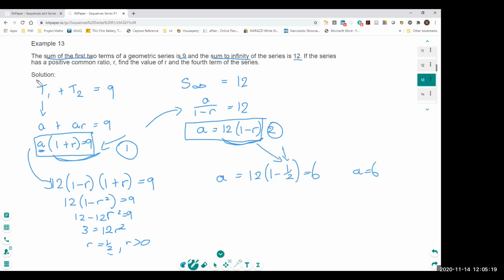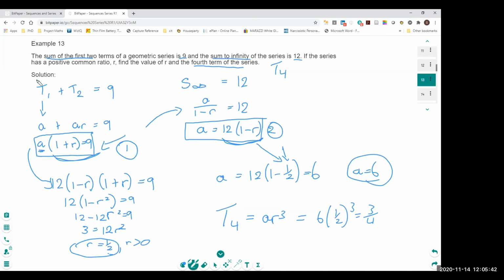Now the next part of the question was to find the fourth term of the series, which is T4. Happy days. T4 of a geometric series is always a r cubed. We have r is a half and we have a is 6. So we have 6 by a half to the power of 3, which is equal to 3/4. Okay, that's your answer there.